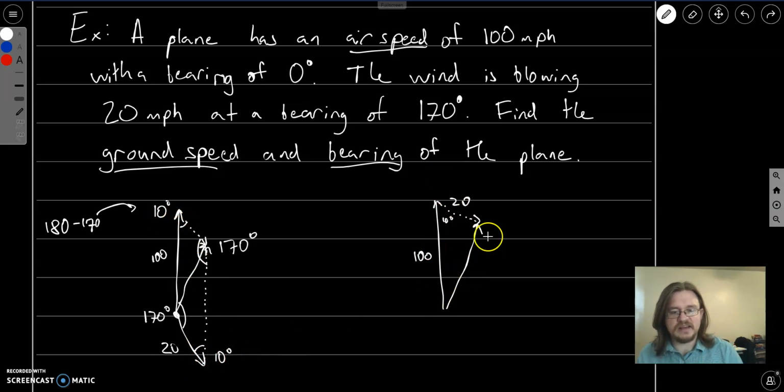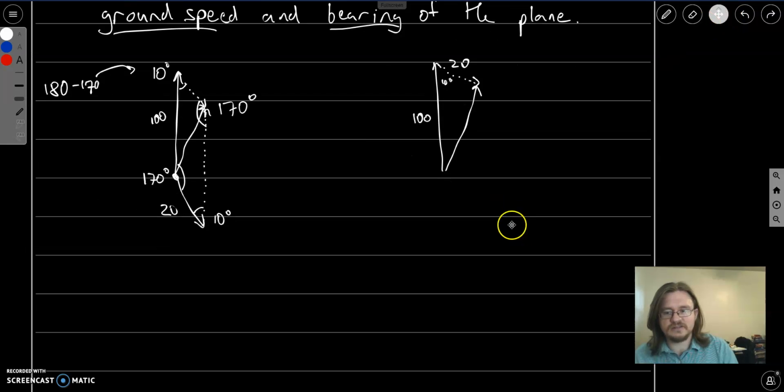And with all that being said, we have our triangle here. So this is just the top triangle. It's 100 long with a 20 long side right there and a 10 degree angle between them. So that means that using the law of cosines, I can find this side right here. So let's use the law of cosines.